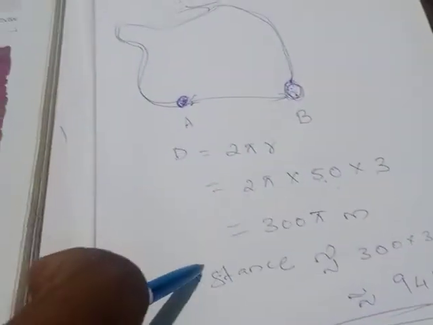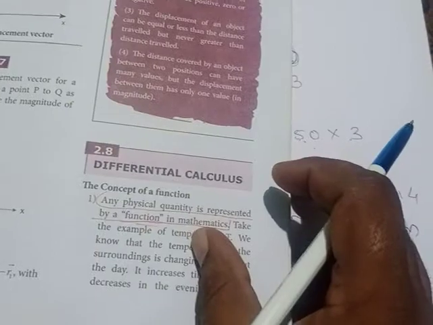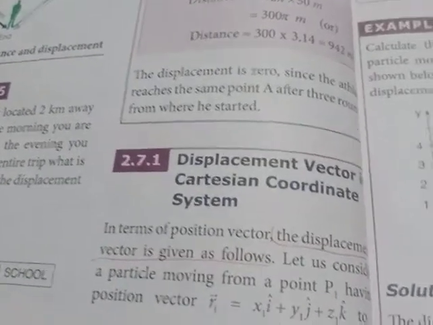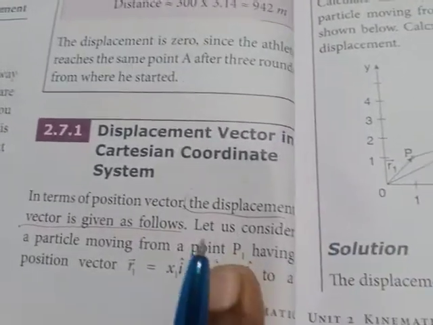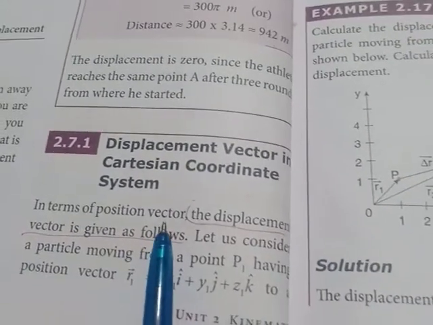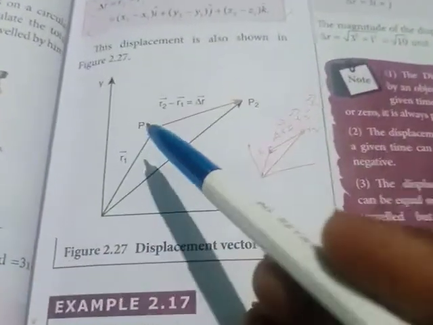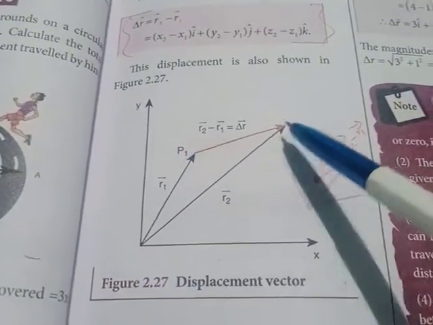Okay, now the next part is the displacement vector, or you can call it the position vector. Assume that there are 2 particles, P1 and P2.